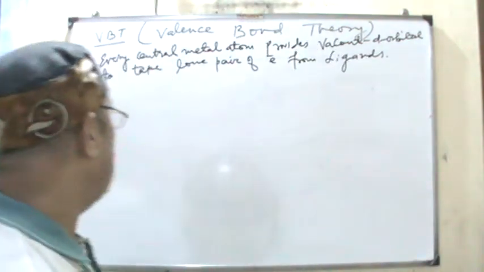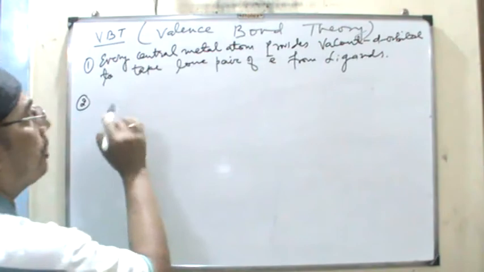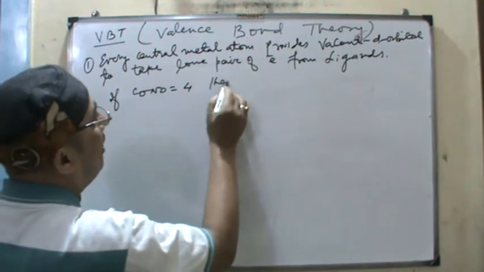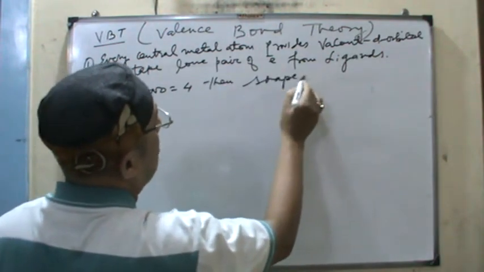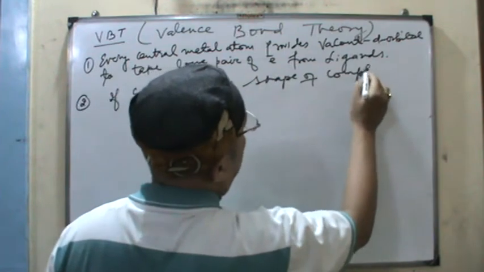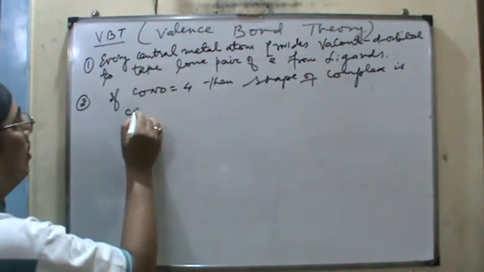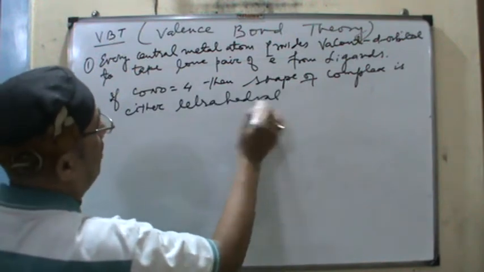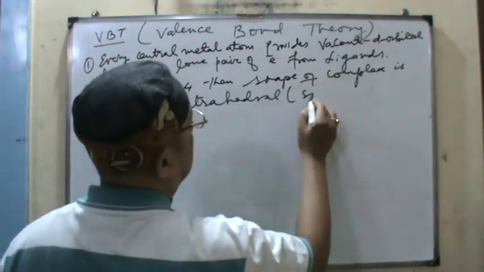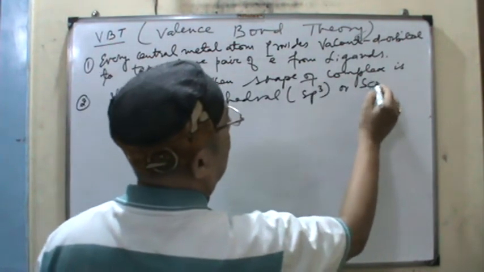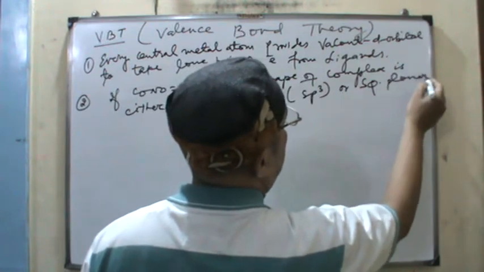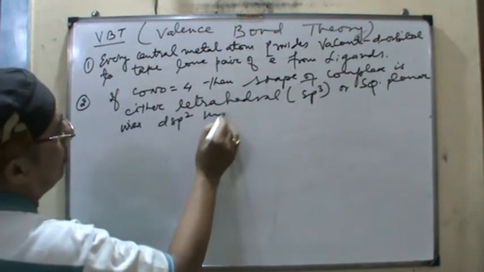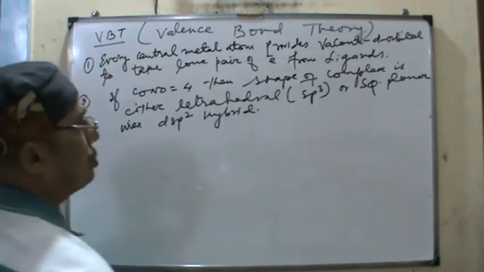The second point is, if coordination number is 4, then the shape of the complex is either tetrahedral with sp3 hybridization or square planar with dsp2 hybridization.